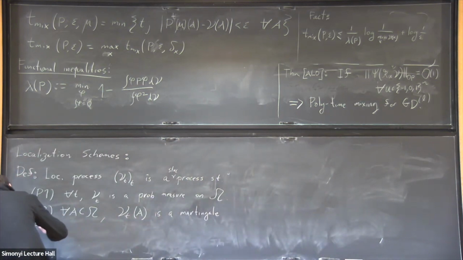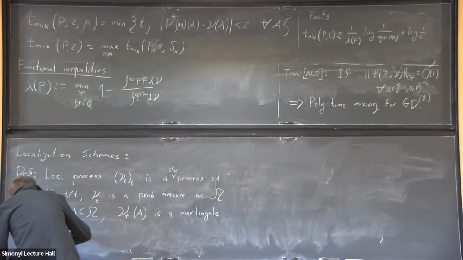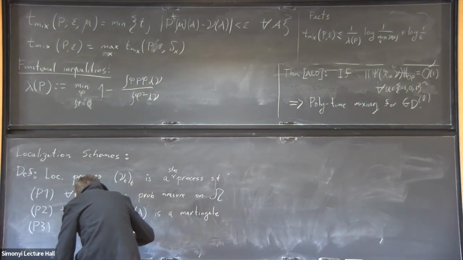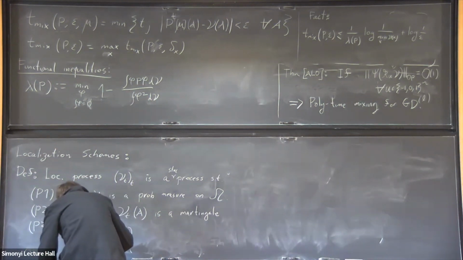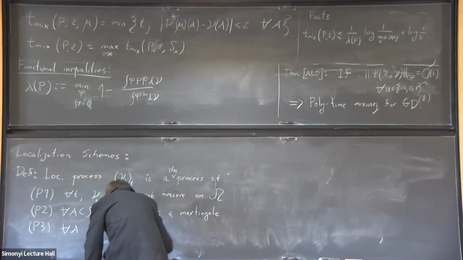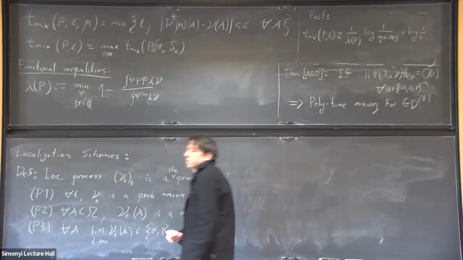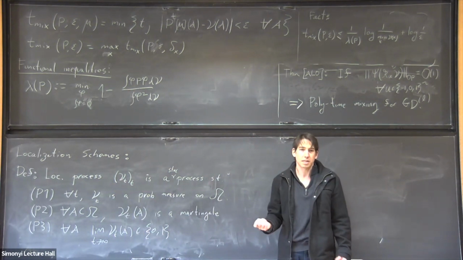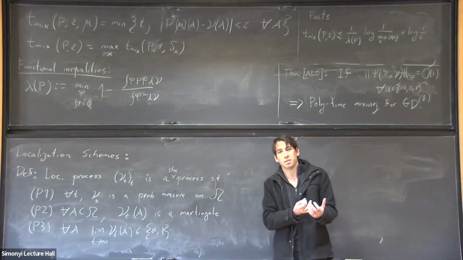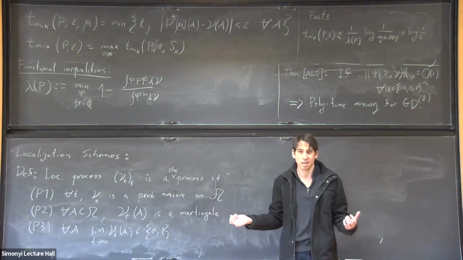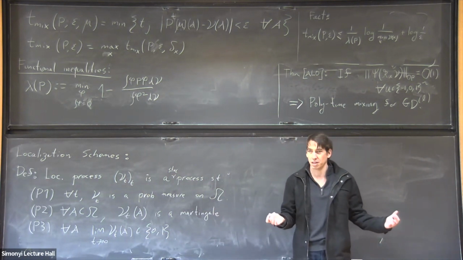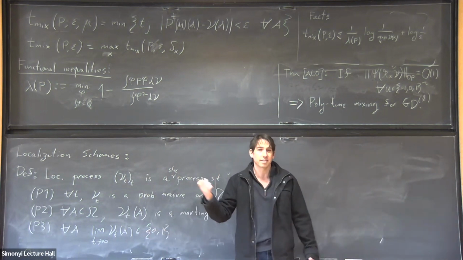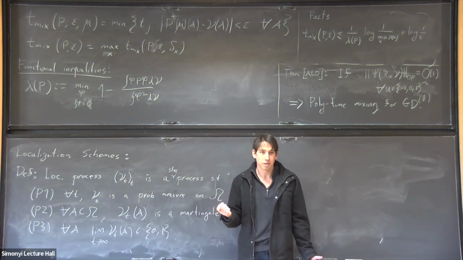And the third property is that, again, for every a, the limit of nu t of a as t goes to infinity is either 0 or 1. So by time infinity, nu t is either completely supported inside a or completely supported outside of a. In other words, as t goes to infinity, nu t goes to a Dirac delta function. It's just supported on one point.